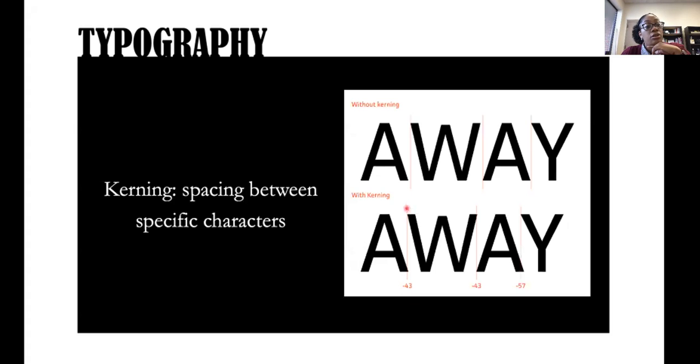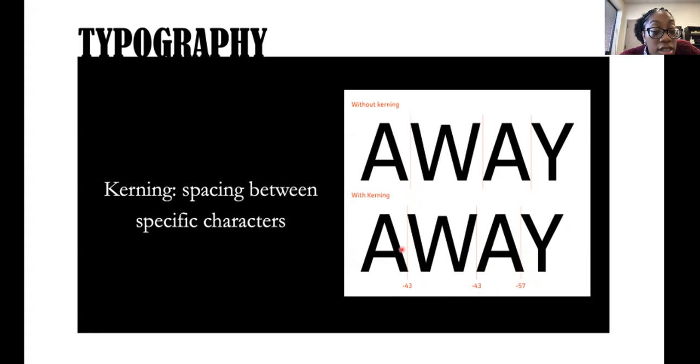Then you got to think about kerning, so spacing between characters. Now you have really big issues with the W and the A. Any letter that has this diagonal line can be iffy when trying to do spacing. But if you look here, you have 57, 43.